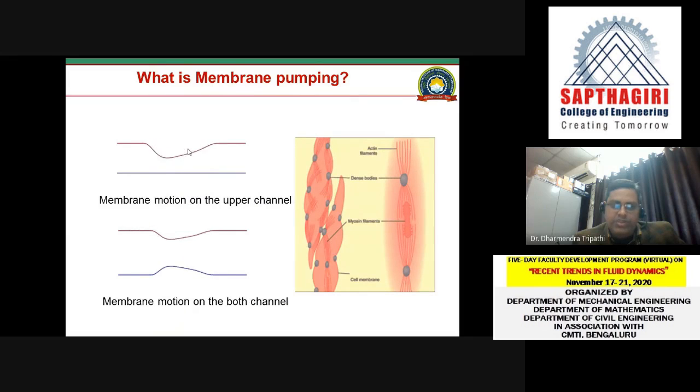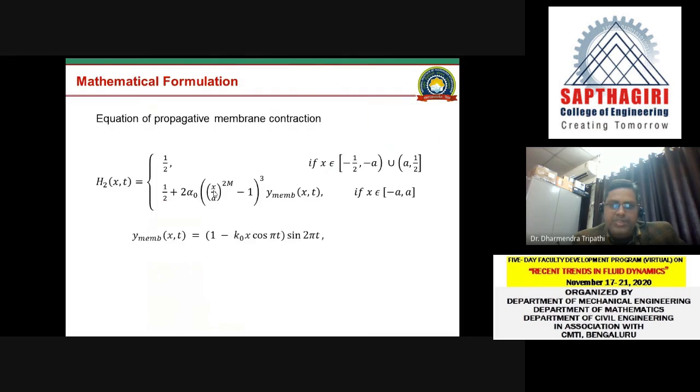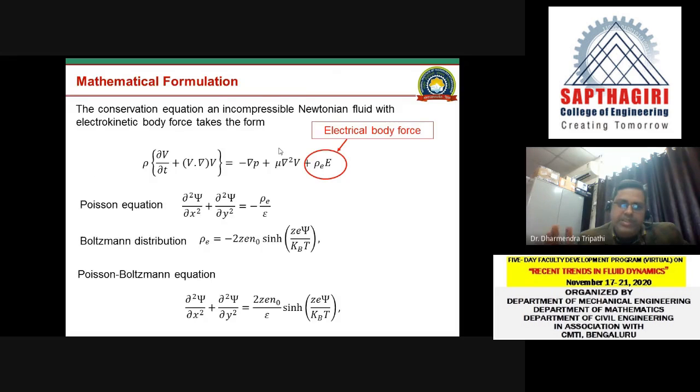When we animate this mathematical equation, we can find this type of animation. So this is the equation for propagation of membrane contraction, and everything is very simple, and you can see how we can relate our fluid mechanics concepts to the application of biological flow.